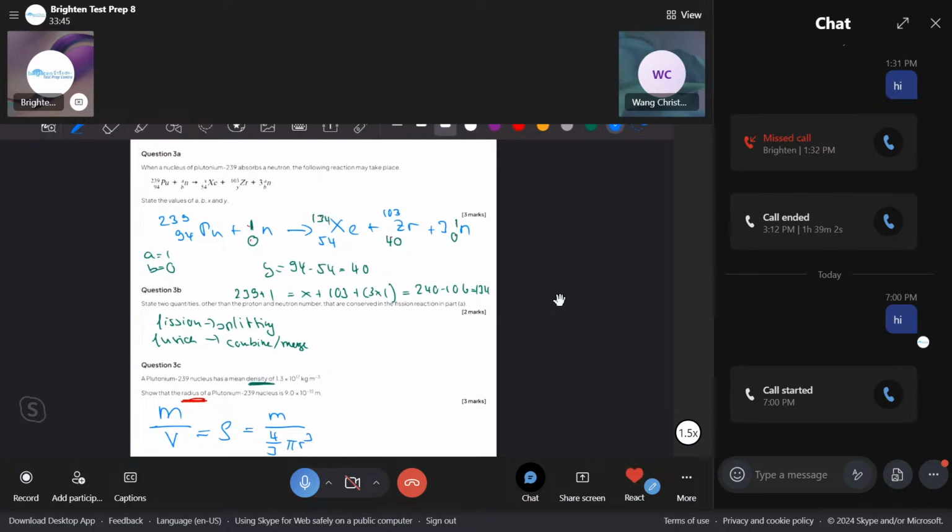What contributes to the mass? What makes up the mass? The nucleus. Yep, and what does the nucleus consist of? The protons and neutrons. Exactly. And do the protons and the neutrons have the same mass? Yeah. That makes our life easier, right?